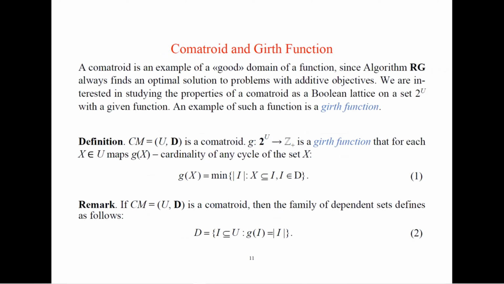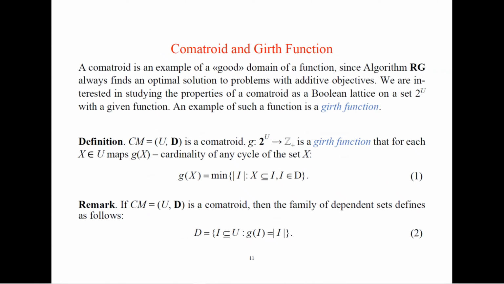So we have a goal to study the properties of comatroids as a Boolean lattice on this set with some given function. And an example of such a function is the girth function.